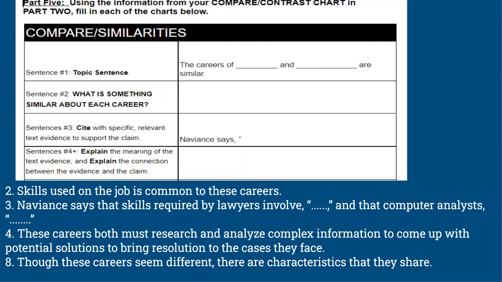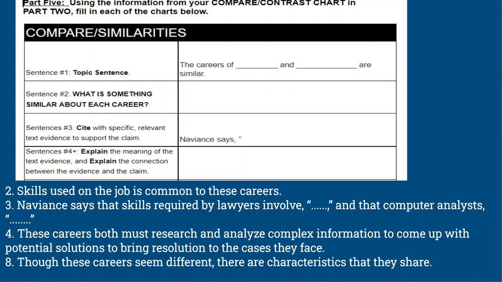Then in sentence number 4, I'm just going to move on here, but you can come back to this and I'll help you as you go along. In sentence number 4, you're simply going to explain the connection between what you saw in Naviance and sentence number 2, your claim, or sentence number 1, your claim and your example. For example, if I were writing about how the careers of law and computer analysis are similar, my sentence number 2 could be skills used on the job are common to these careers.